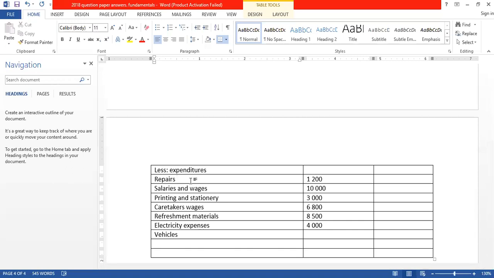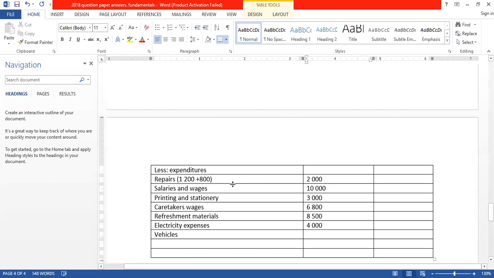We have a payable of repairs, and that's why we'll need to add it. So in brackets, you will have to show your calculations. 1,200 plus the payable of repairs, which is 800. So in total, you will have repairs of 2,000. The 800 also belongs to the current financial year, and that's why we have to add it.